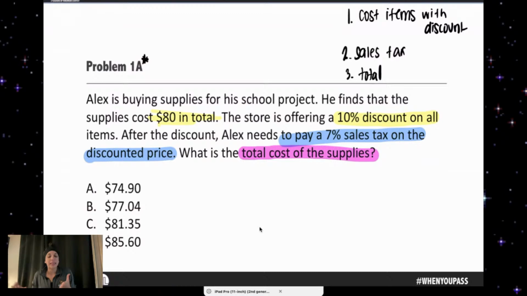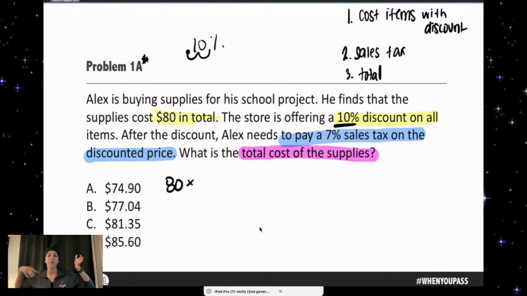So step one, what is the cost of the items with the discount? When I'm looking at a percentage off, I can move the decimal place and multiply my total amount times my discount, which is 10%. I can hop my decimal 2 places to the left. That's how we convert a percent to a decimal.